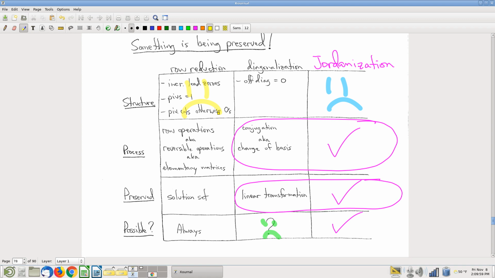Now, eventually we found the reason we like reduced row echelon form is because it helps to understand solution sets. You can solve for your pivot variables in terms of your free variables. It's not immediately obvious from looking at these rules that it's going to help you understand solution sets. We had to do some work to get to that.